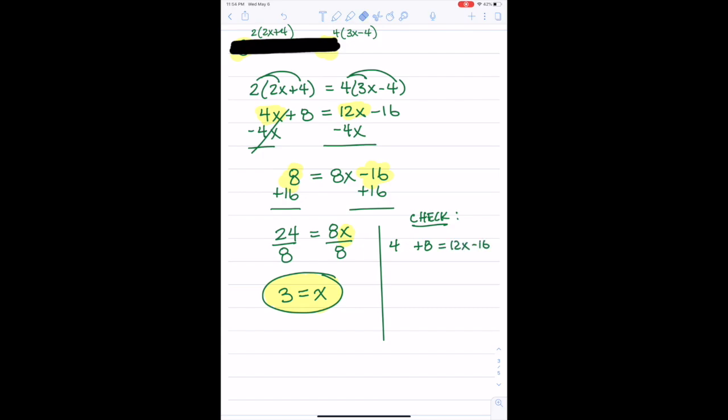Again, wherever those variables were, I'm going to get rid of those and replace them with 3. Let's see what happens. Here would be 12 plus 8. That gives me 20. So I'm really hoping this side is also 20. This would be 36 minus 16. Well, look at that. It ends up being 20. So it does work. Yay.